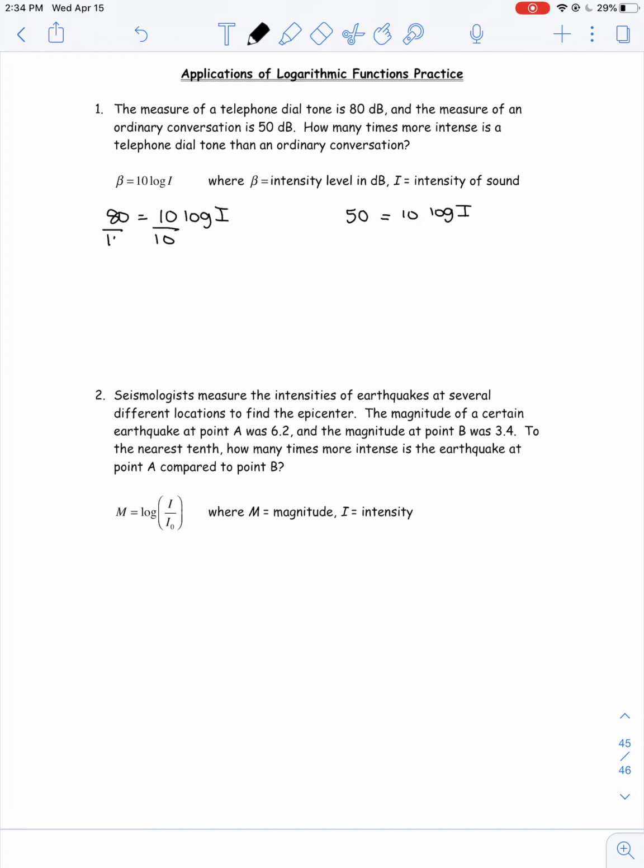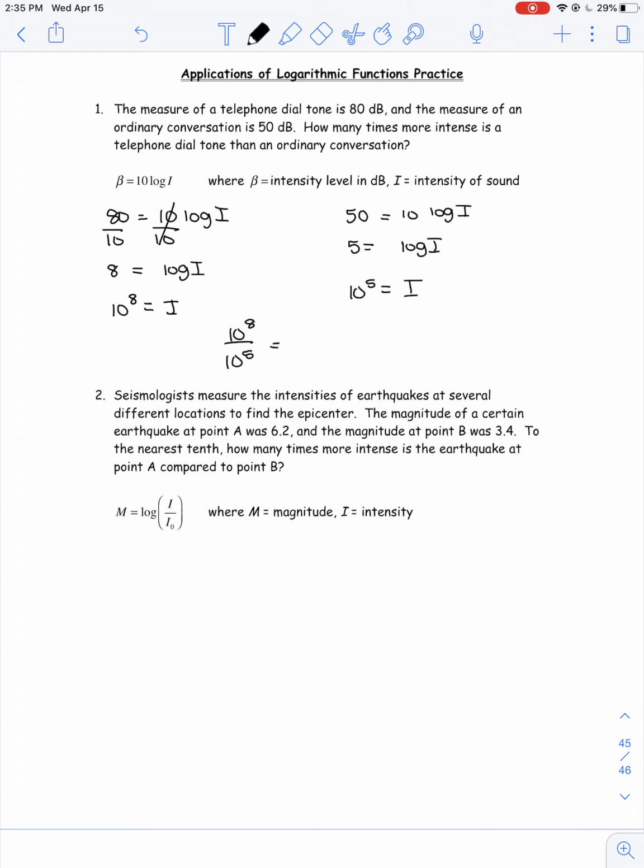We're going to start by dividing both sides by 10. So divide both sides by 10, we get this, and now we can change it to log form. It's always going to be 10 to the power of our answer, which is 8, is equal to I. And here, 10 to the power of 5 is equal to I. And lastly, we're going to divide the two answers, the top one, which is the bigger one, over the smaller answer.